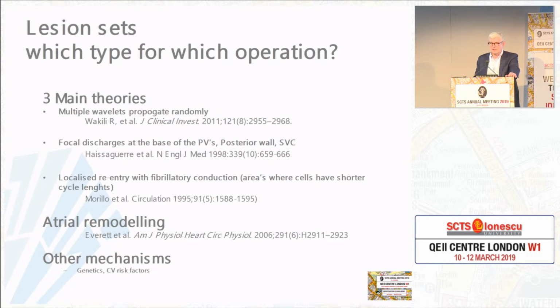A second very important thing is the atrial remodeling. At a certain point, AFib becomes AFib because of the histological changes that occur in the left atrium. And of course, there are also other mechanisms like genetics and cardiovascular risk factors like hypertension, obesity, and so on.